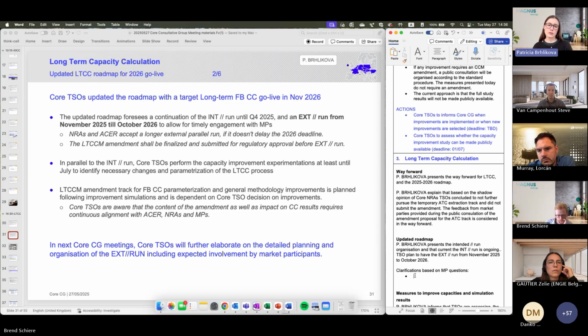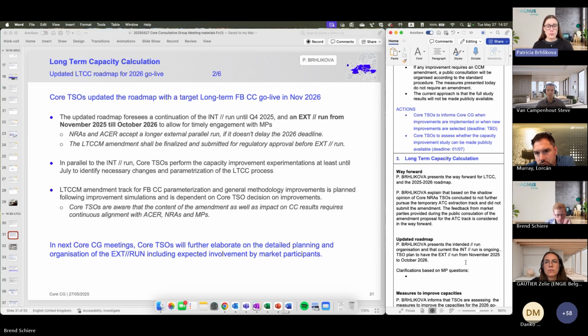So TSOs are now trying to ensure that we understand the impact on the LTCCM, the methodology for long-term capacity calculation, and that we would be able to submit it for regulatory approval before the start of the external parallel run. That way we would have as stable conditions as possible.